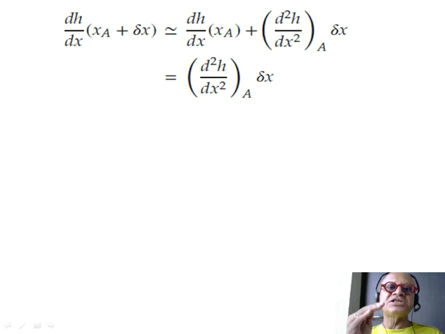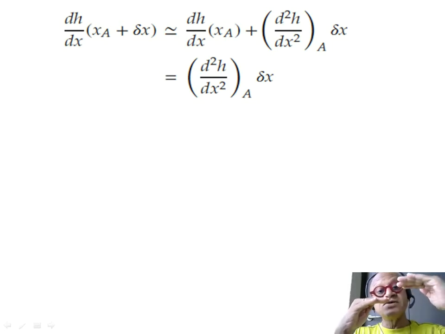Okay, so dh/dx itself can also be expressed this way. Remember, the ball is sitting at the top because the slope is 0. The slope is positive, 0, and then changes to negative.